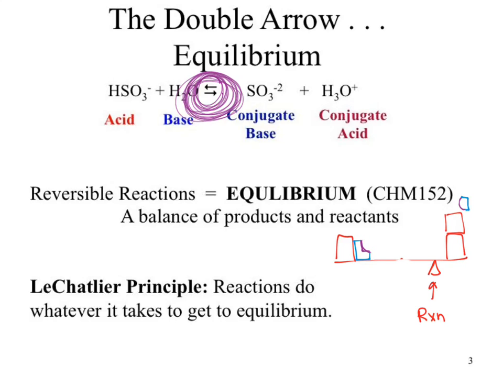We can't destroy matter. What happened to that chunk? It's been converted into products. So we've now added that mass to the product side. Our reaction is going to continue to chip away at the reactants and start making more products until it reaches that final balance where they equal each other. And now it's back at equilibrium.